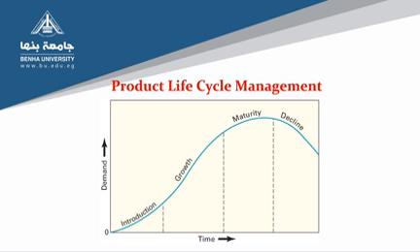Third, end of life, which involves strategies for product discontinuance, disposal, or recycling. Note that although product life cycle management is generally associated with manufacturing, the same management structure can be applied to software development and services.